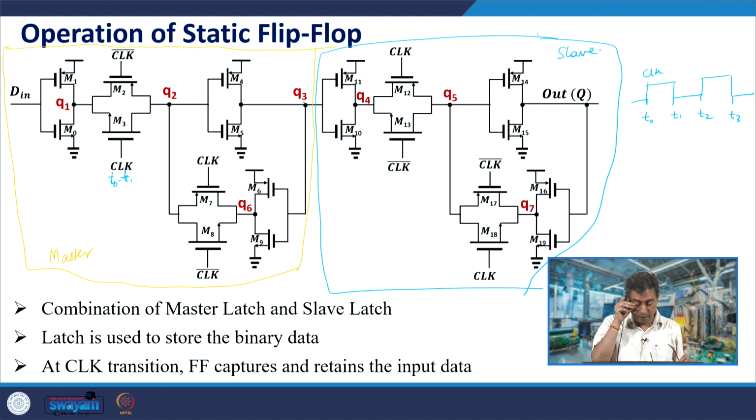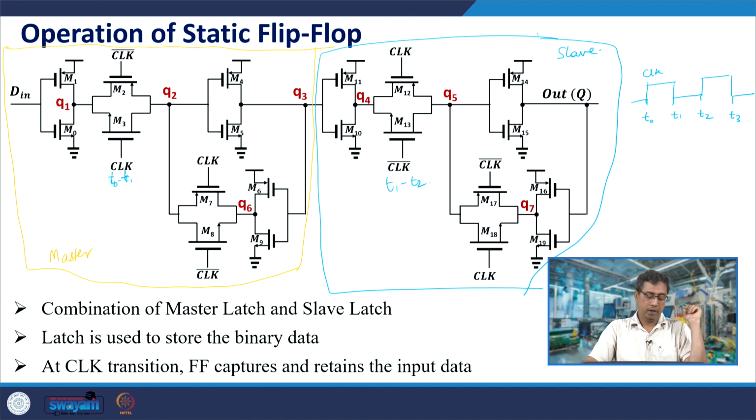Between T1 and T2, the transmission gate M12, M13 is transparent, and therefore Q3 would pass on in an inverted manner to Q5, whereas transmission gate M2, M3 is off. Therefore, whatever change happens in D between T1 and T2 would not pass on to Q2 or Q1 and therefore Q3.